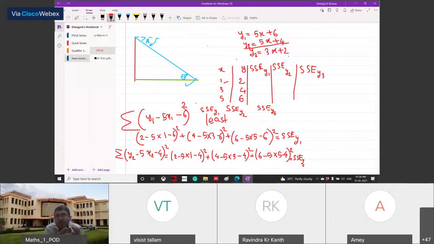Why are we studying straight lines? Because ultimately in machine learning we learn linear regression. That is where forecasting comes into place, and for forecasting you need the details of a straight line, basically y equals mx plus c. That is where these fittings come into the picture.